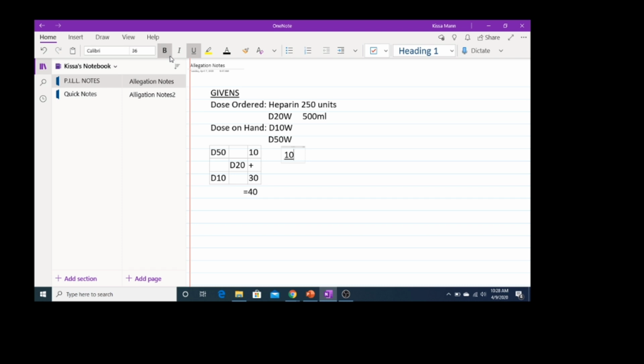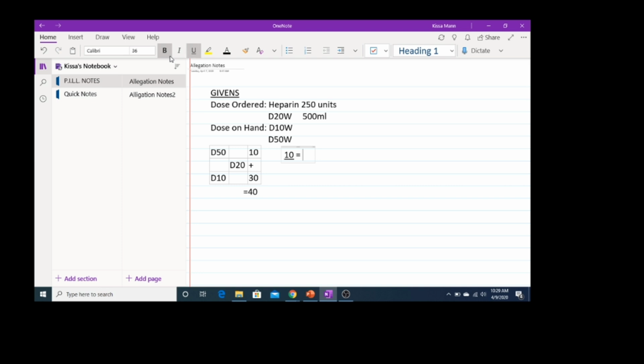So 10 equals X. Oh, it seems the software is solving for an equation that I haven't set up yet.